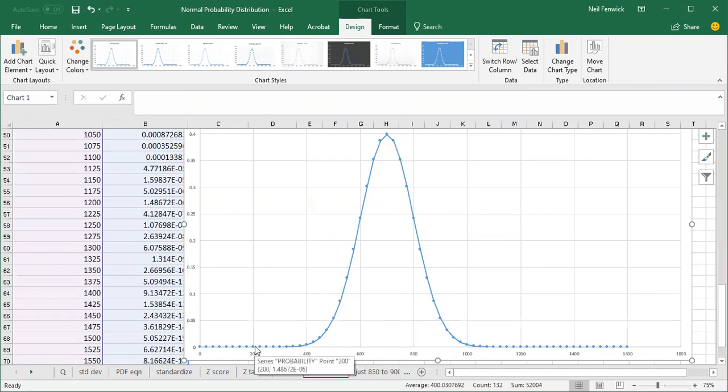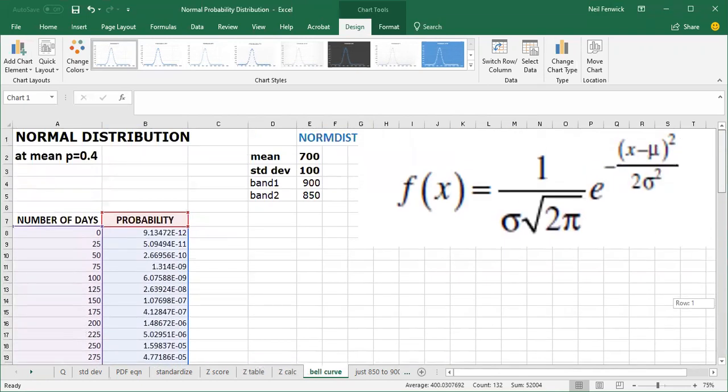The probability effectively goes down to 0. So we didn't actually need all these numbers up here. We can see our bell shape here. So what we're doing is using the built-in normDist function in Excel.